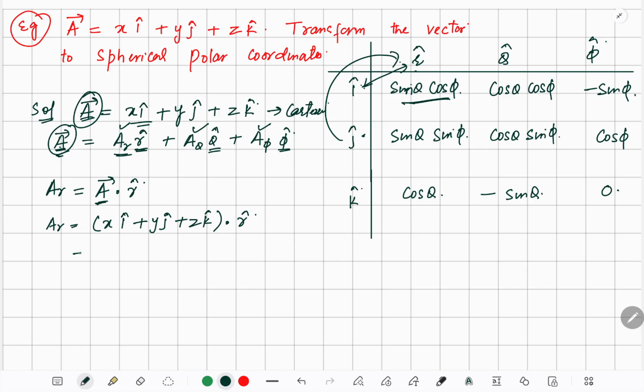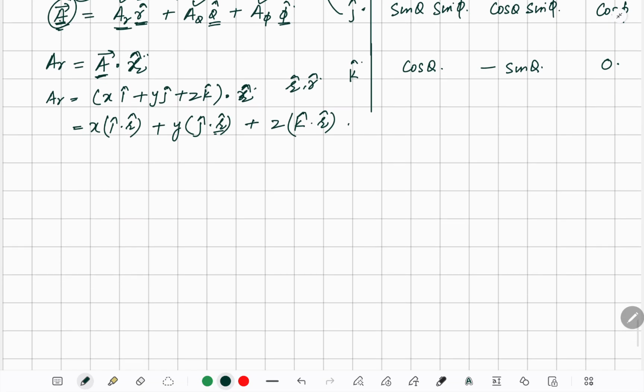It's very simple. So x i cap dot r cap plus y j cap dot r cap plus z k cap dot r cap. So let's proceed.